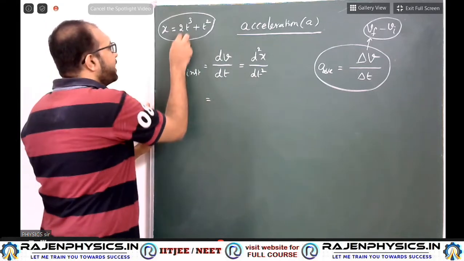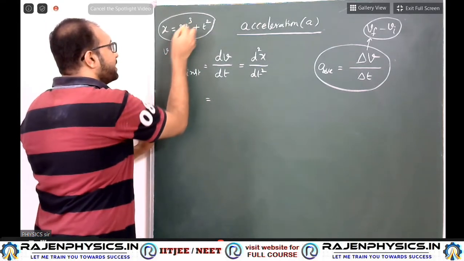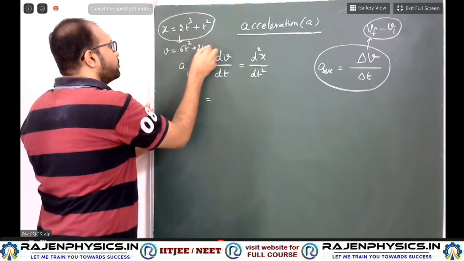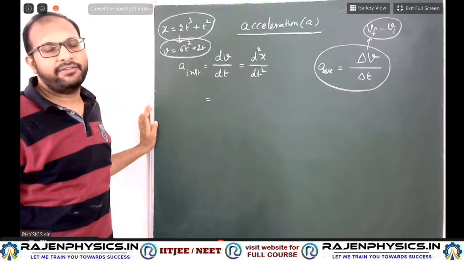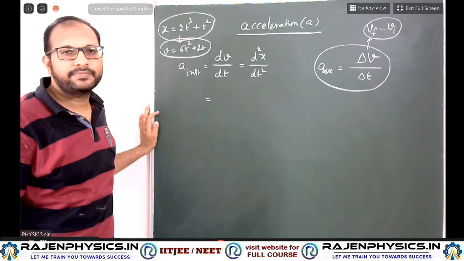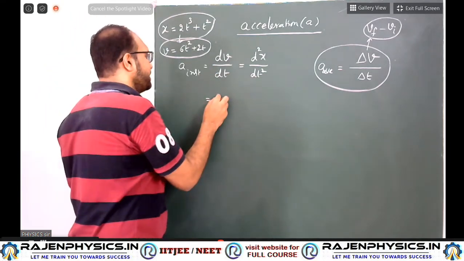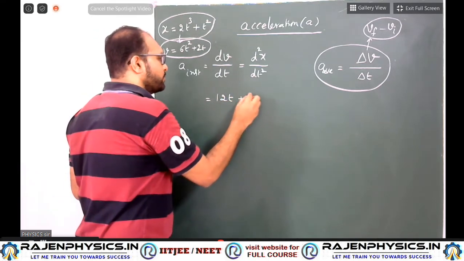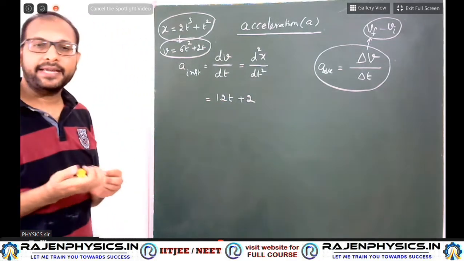What is the first derivative of x? Velocity equals 6t square plus 2t, right? That is velocity, the first derivative. Now for acceleration, differentiate one more time, that is 12t plus 2. This is instantaneous acceleration at any time.